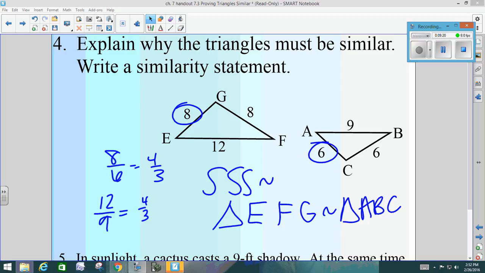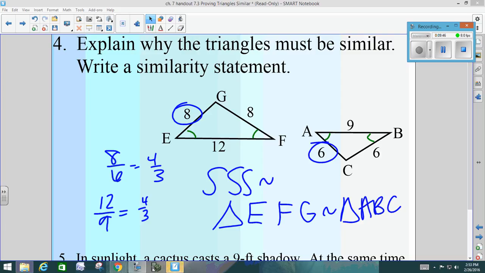Good, because GE and GF are going to be in the same proportion as AC and BC because they're all congruent. They're isosceles triangles. You could also think of it as saying, when triangles are similar, all their corresponding angles are congruent. So all 4 of these angles are the same. So it wouldn't matter if you put E with A or if you put E with B, just as long as C and G are together.